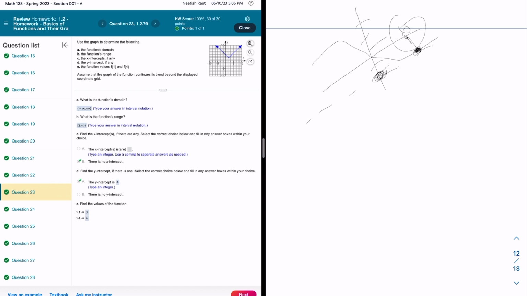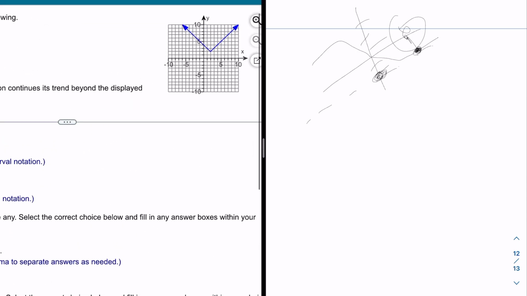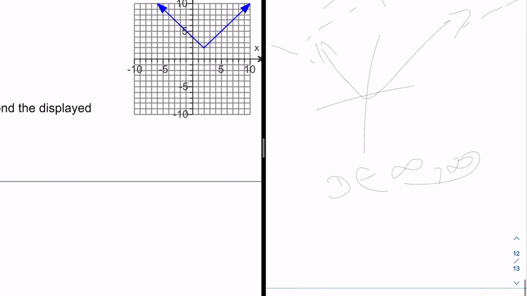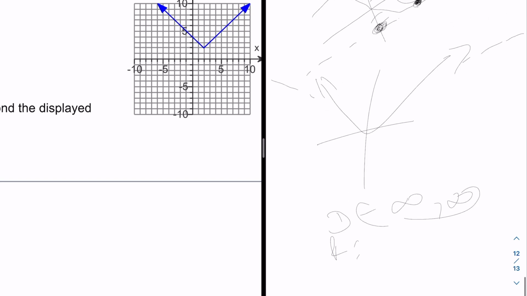So the question is to determine the domain. Look at the graph. X is still going in that way. X is still going in that way. So our domain is -infinity to infinity, right? Now look at the range, where the range is going. I drew wrong.